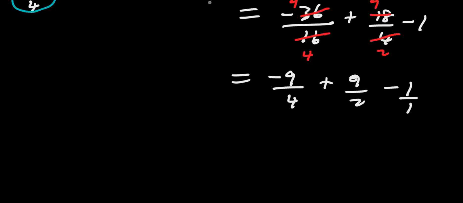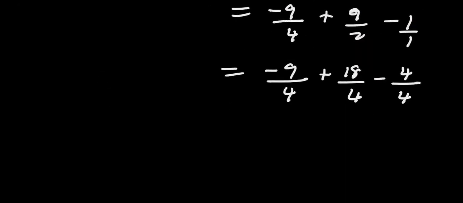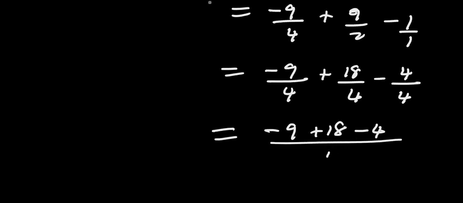So make this 1 over 1. And so now we're going to have -9 over 4 plus multiply this by 2, so we have 18 over 4, minus multiply 4 by 1, so we're going to have 4 over 4, and so now we have a common denominator, and this would be negative 9 plus 18 minus 4 over 4.